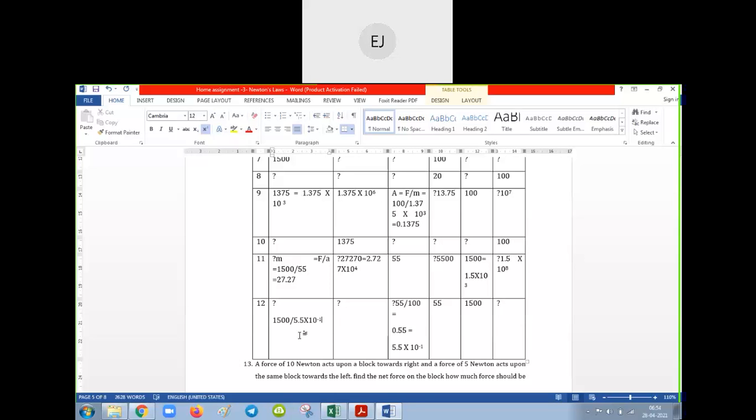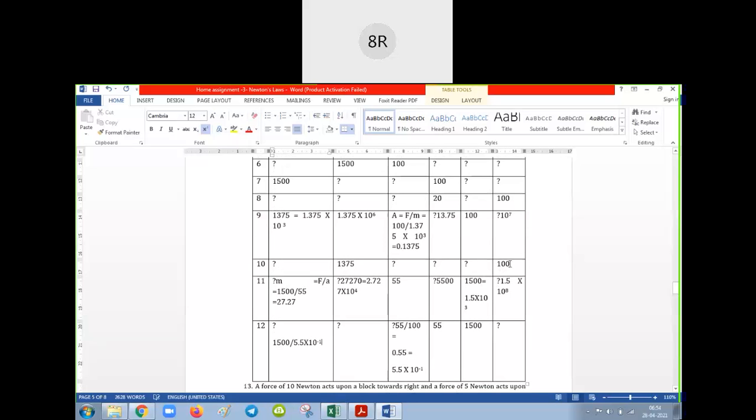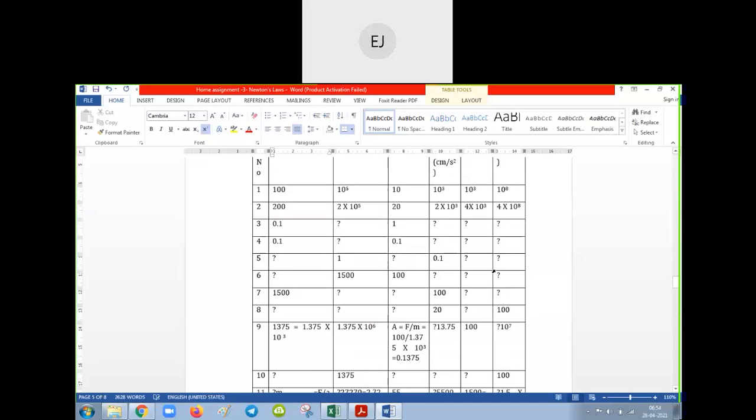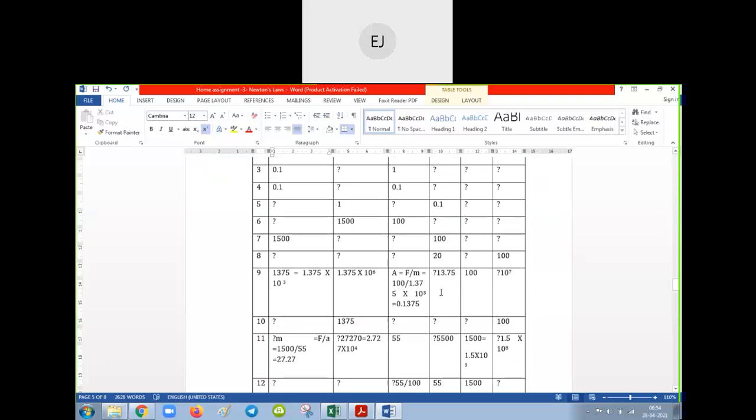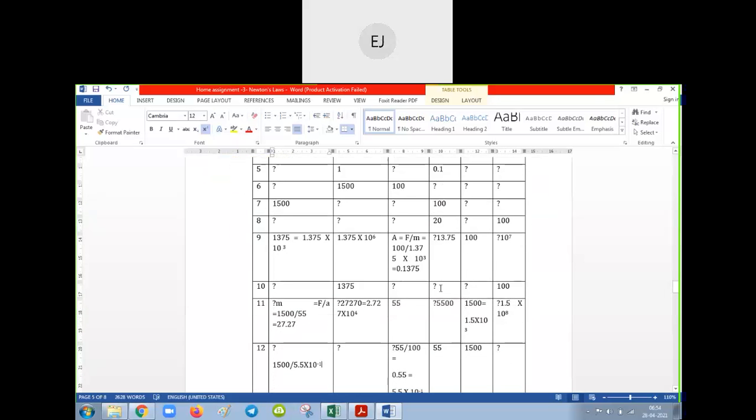Sir, in number 10, how will I find the meter per second square? First you see mass in grams is given, F in dynes is given. So acceleration you find out first in centimeter per second square. F by m you do, 100 by 1375.